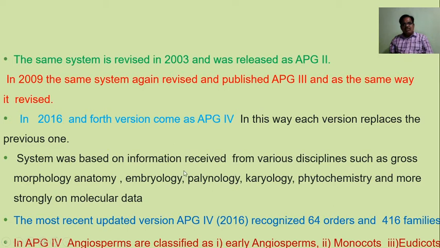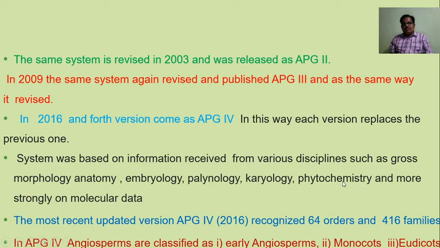Then palynology, the study of pollen grains, is also discussed by certain scientists. Then karyology. Karyology is the study of minute cell nucleus structure, and such characters are used. Then phytochemistry.